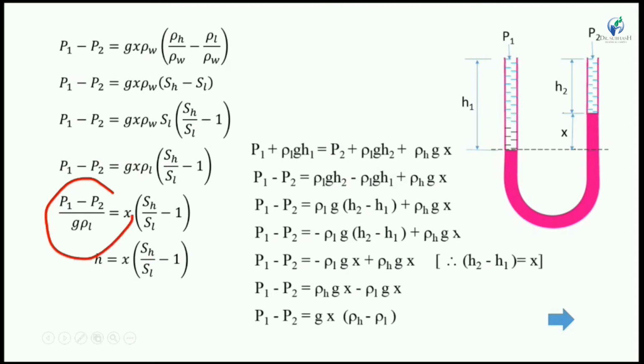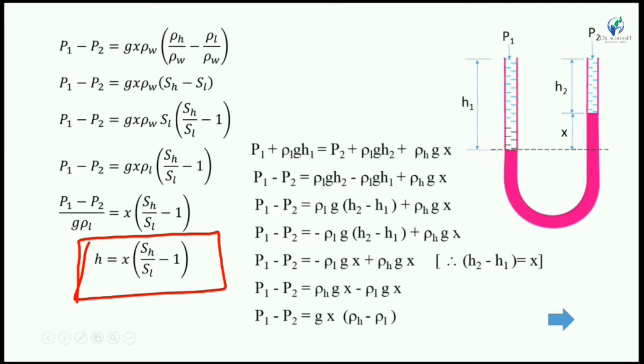Now, this is the pressure difference head and it is denoted by small h. So finally we get this equation, and we find the value of the pressure difference by this equation for a manometer case.